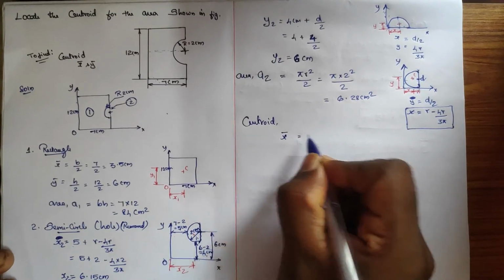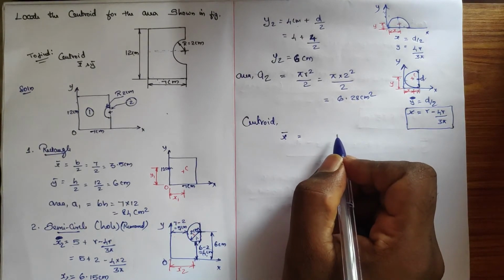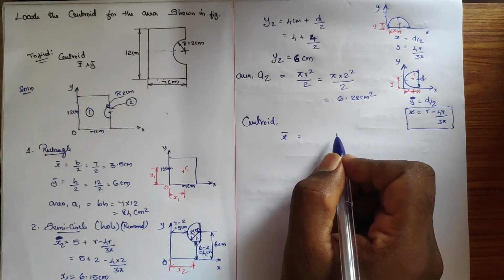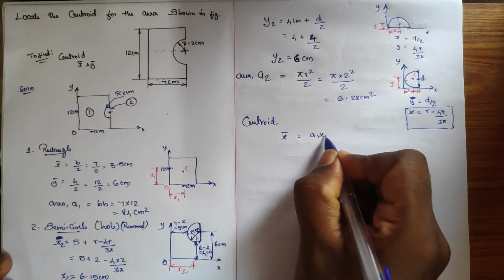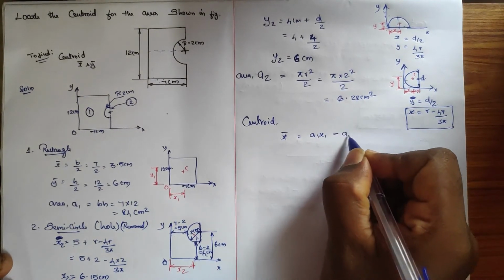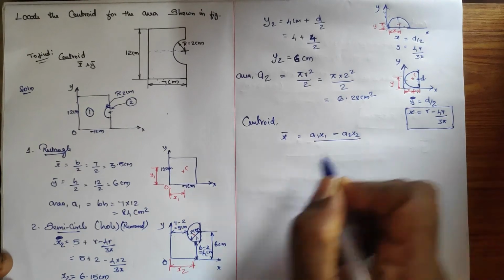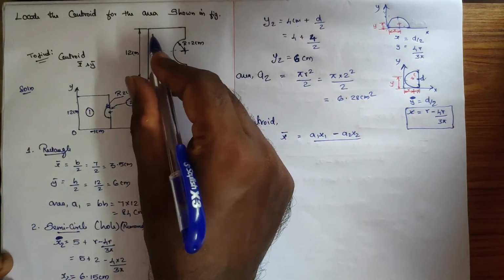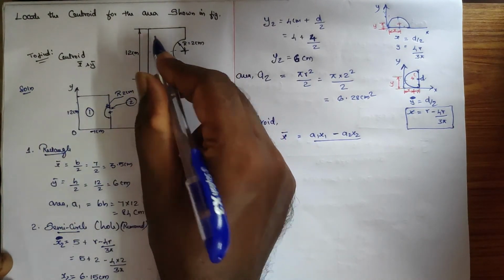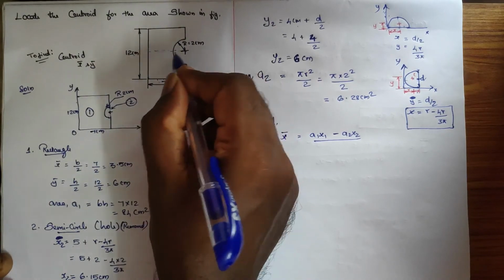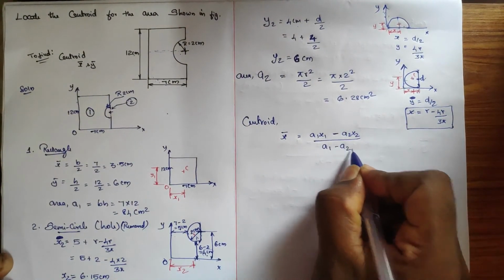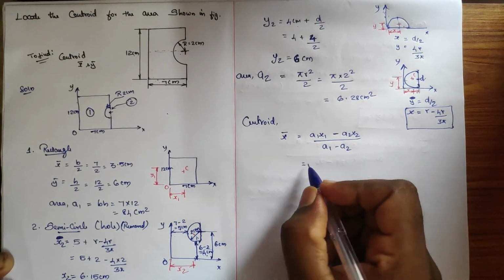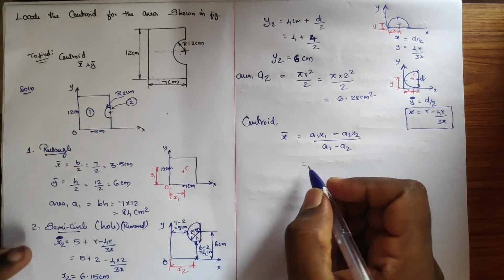So the centroid x bar formula, we know, is the sum of first moment of area about the y-axis divided by total area. So here A1 x1 minus A2 x2. That is very important. It is a removed portion, it's not our part. This alone is our part. So from the rectangle we are going to subtract this. So here A1 minus A2. What would be the update here?